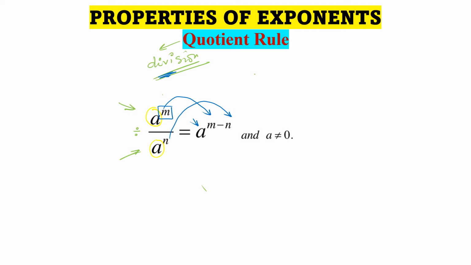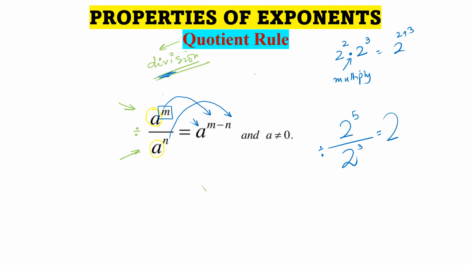Previously, when we were writing like 2 power 2 times 2 power 3, this means multiply, right? So when the two bases were multiplying, we write the base one time and we add the power. But now, when the two bases are alike, but they are dividing by each other, then you write the base one time. Now subtract.